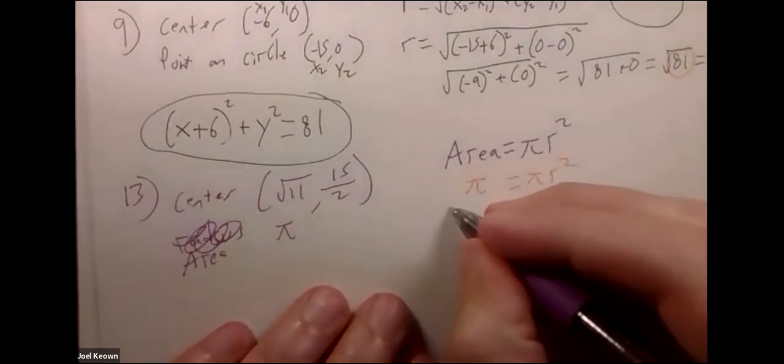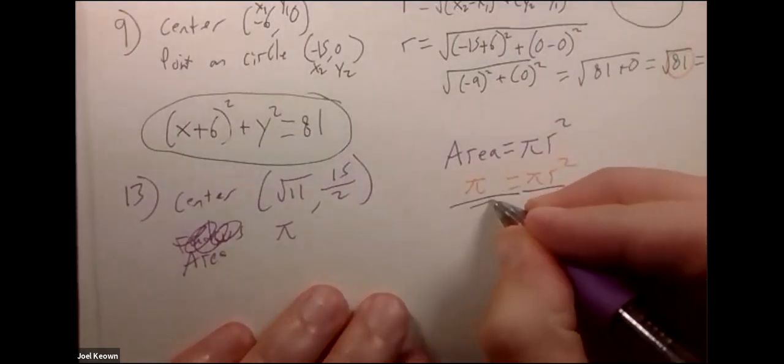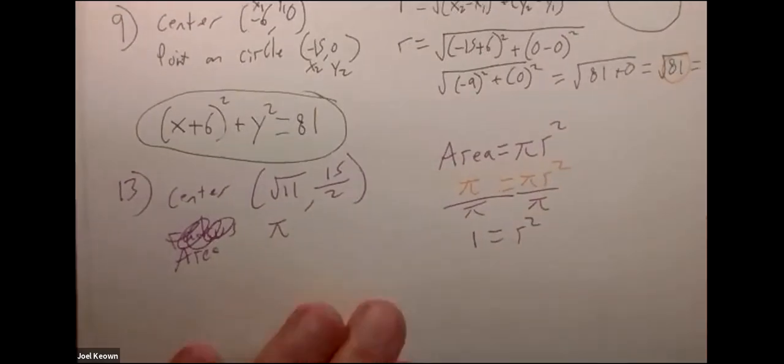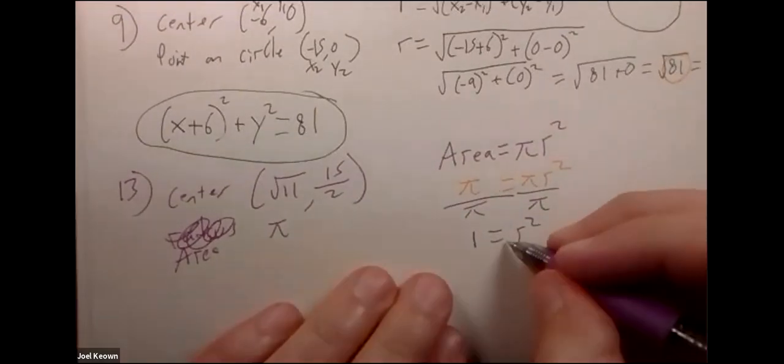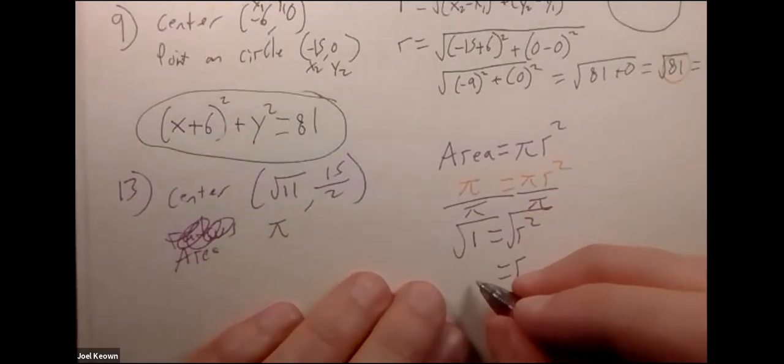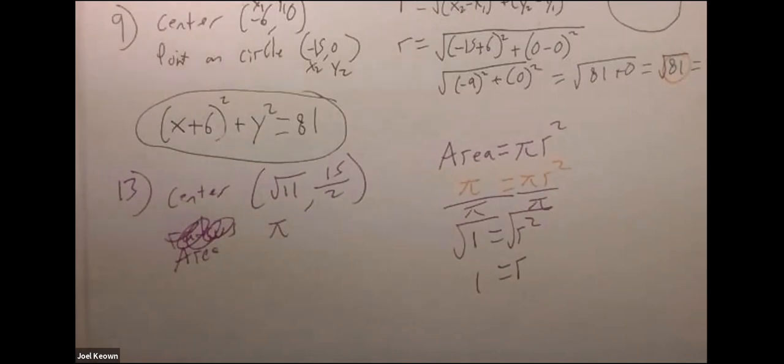Well, then I would divide both sides by pi, leaving me with 1 equals r squared. Take the square root, r equals 1.